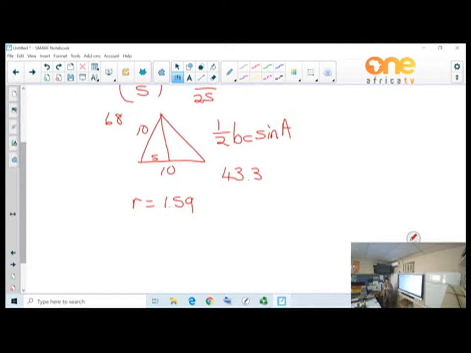Diagram 1. What is the name of the first diagram, the solid? Pyramid is not good enough. It's a triangular pyramid or a tetrahedron.